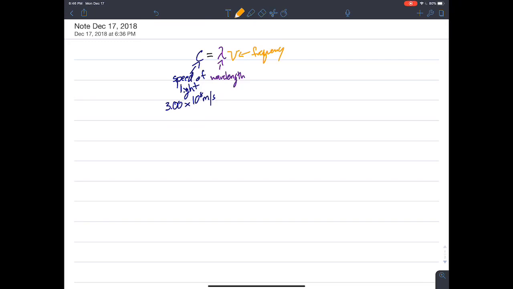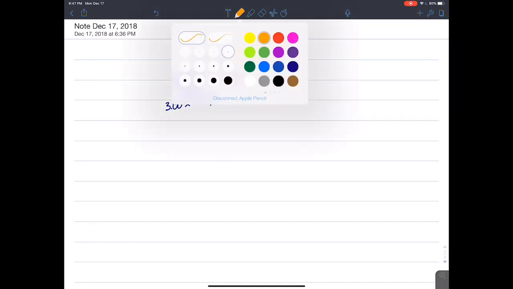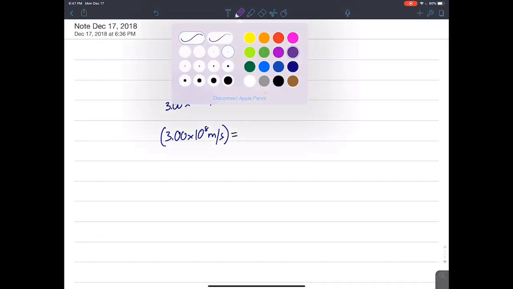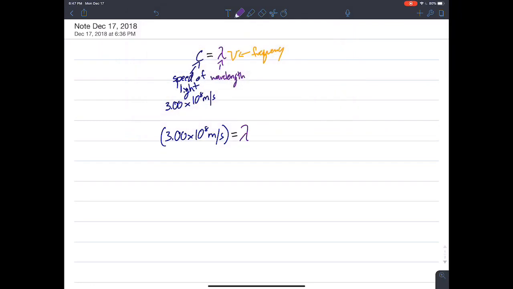Okay, so let's say that you were given frequency and you were asked to solve for wavelength. What would you do? Well, you'd have to set it up like this. You know that you have 3.00 times 10 to the 8th meters per second because you always have that. That's always what you start with, always a constant, equals. You don't know wavelength, that's going to be your variable.